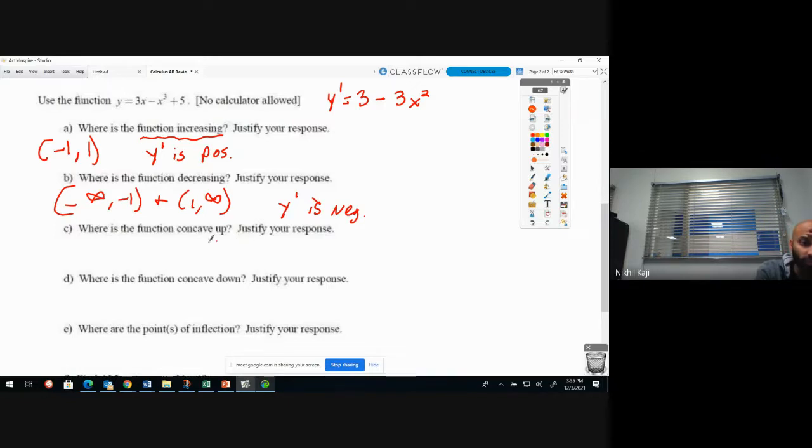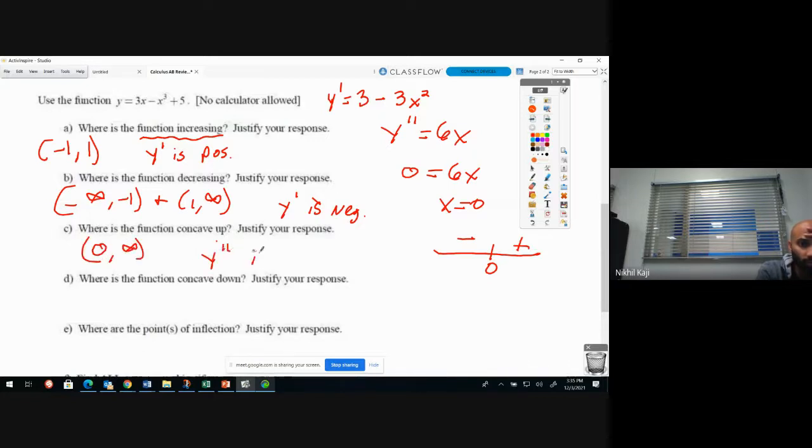Where is the function concave up? Then we have to check the second derivative. That just ends up being 6x. Set that equal to 0. x equals 0. Negative, positive. From 0 to infinity. Justify it: y double prime is positive.